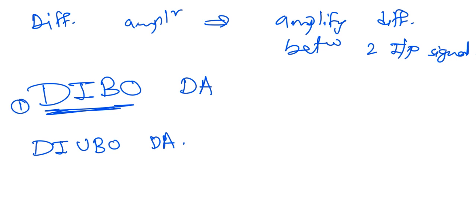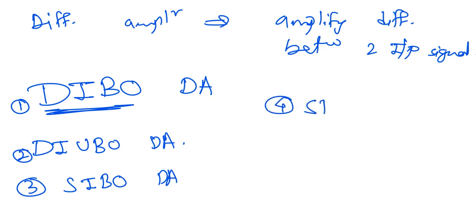The third configuration is single input, balanced output, differential amplifier. And the last configuration is single input, unbalanced output, differential amplifier.